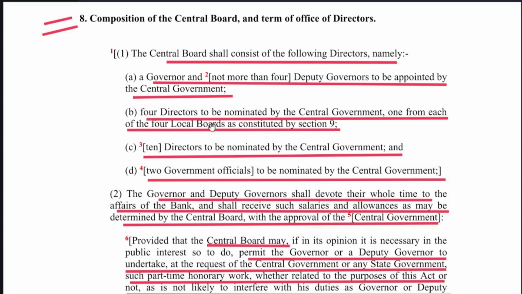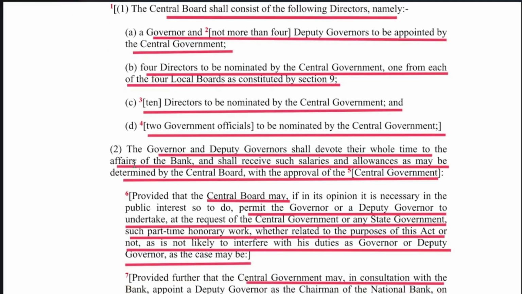Then 4 directors representing the local boards, 5 plus 4 is 9, and 10 directors nominated by the central government makes 19, and 2 government officials nominated by the central government makes the number 21. So the total number of members of the central board of directors is 21.